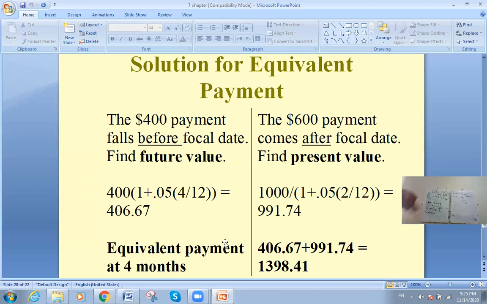R is the rate of interest, 5%, so 0.05, multiplied by the time. The time is 4 months, so 4 divided by 12, because when the time is in months we divide by 12. So this amount will be 406.67.